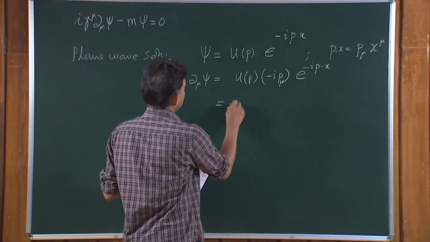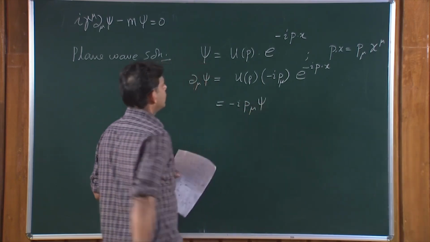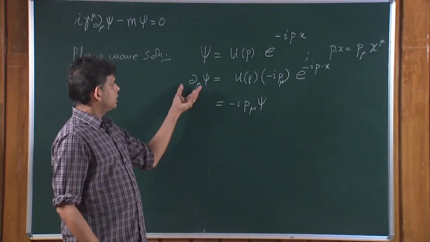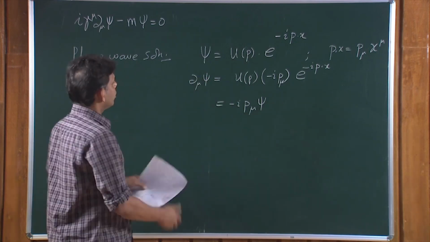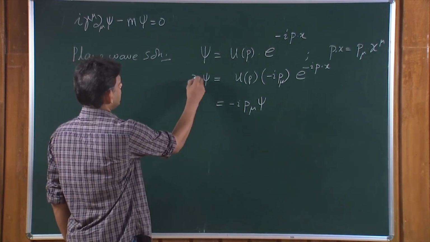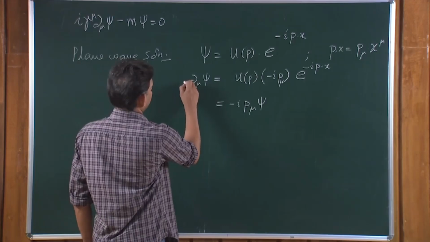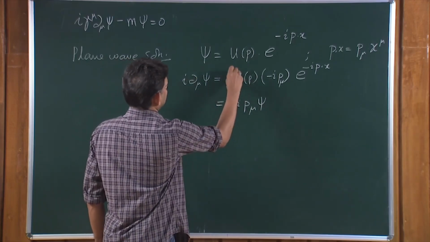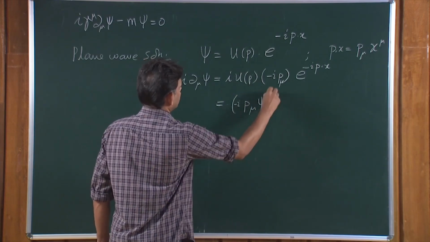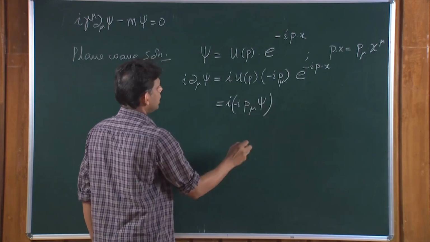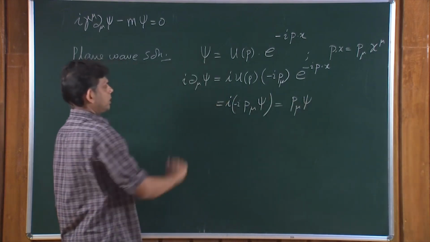So, this is nothing but minus i p mu psi. That is not surprising, because this is the momentum operator. When it acts on psi, it will give you the momentum. Of course, the momentum operator is i times del mu, so if I put an i here and another i here, then this additional i will give you simply p mu psi. So, this is the momentum operator.